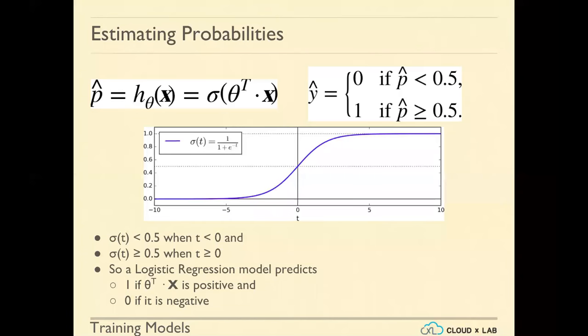Then further we are applying this: if the probability is lesser than 0.5, the outcome is 0, and so on.